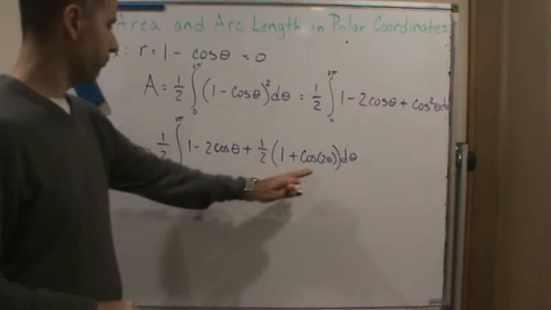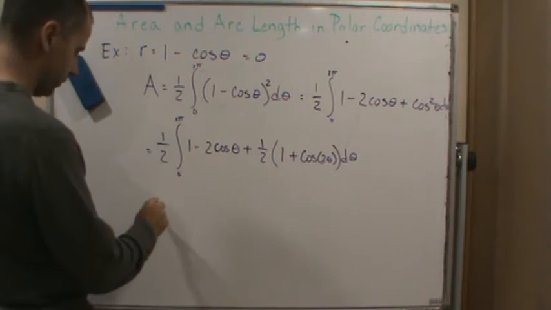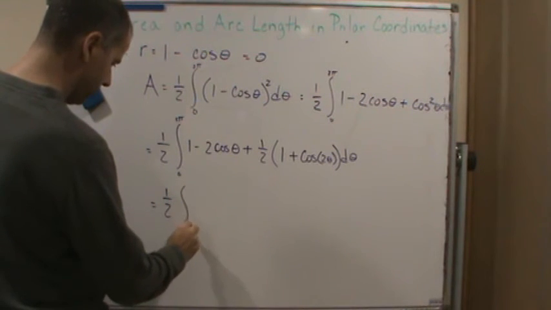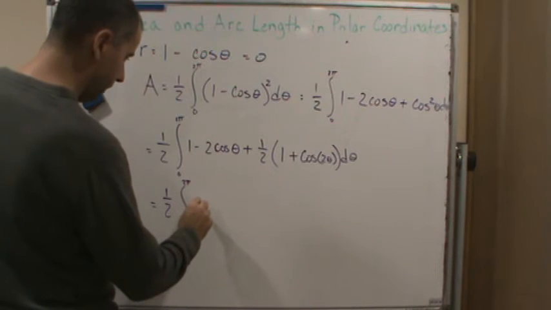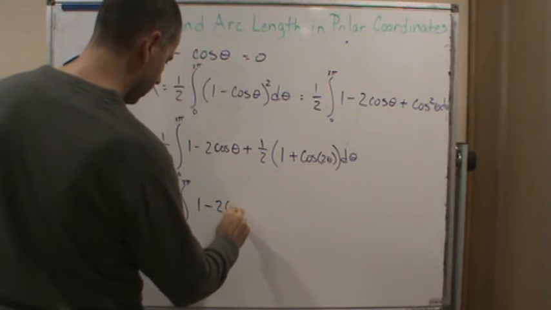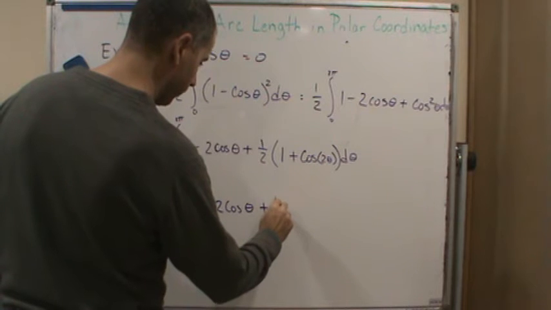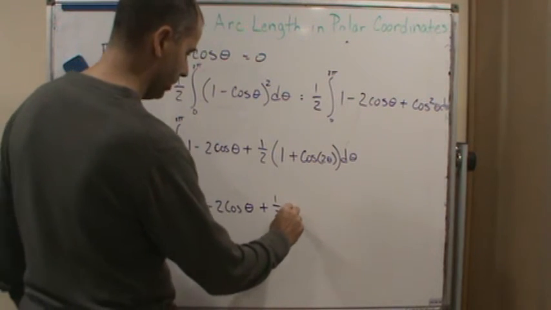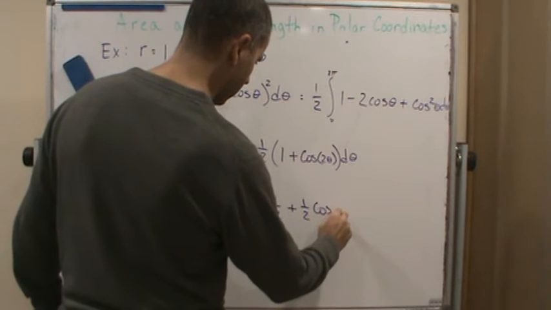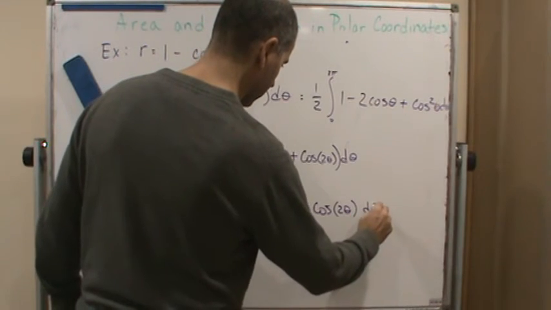Now we've got everything the way we want it, and we can go ahead and simplify. This becomes 1/2 the integral from 0 to 2 pi of 1 minus 2 cosine theta plus 1/2 plus 1/2 cosine 2 theta d theta.